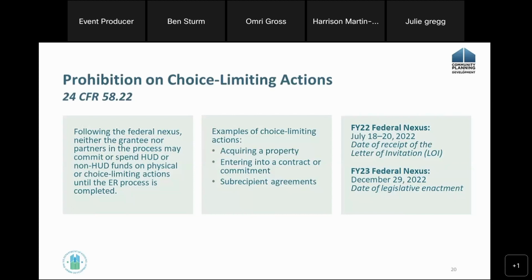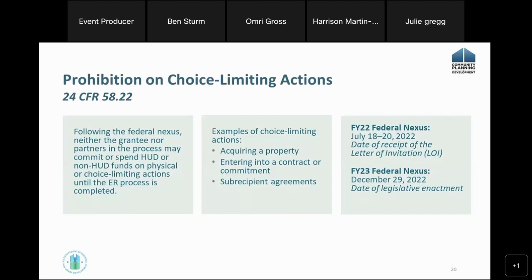For fiscal year 22 CPF grants, the federal nexus was the date of receipt of the letter of invitation, which was between July 18th to July 20th, 2022, depending on when you received that letter of invitation. For fiscal year 23 CPF grantees, the federal nexus was the date of legislative enactment, which was on December 29th, 2022.